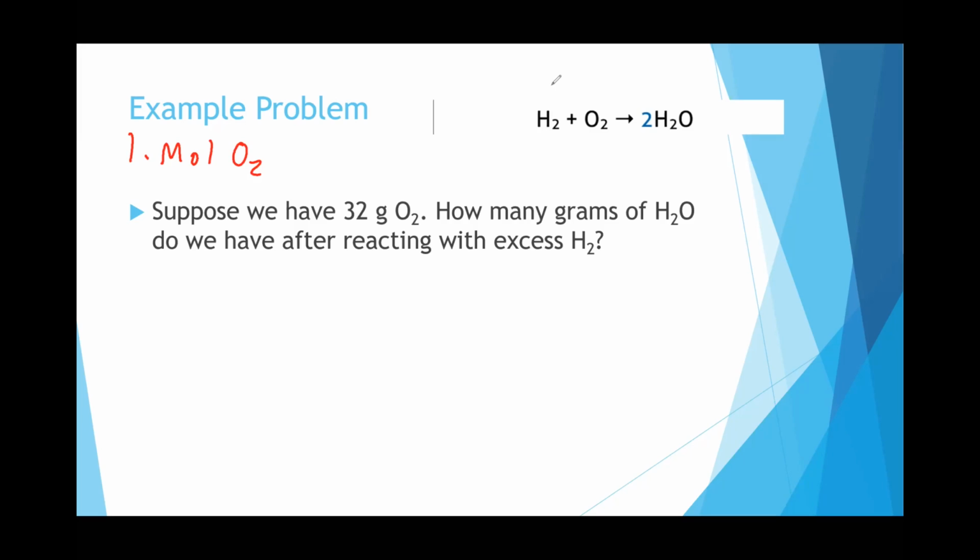So we have 32 grams of oxygen gas. We want to convert this number to moles. And remember, the only way to convert between grams to moles is the molar mass.